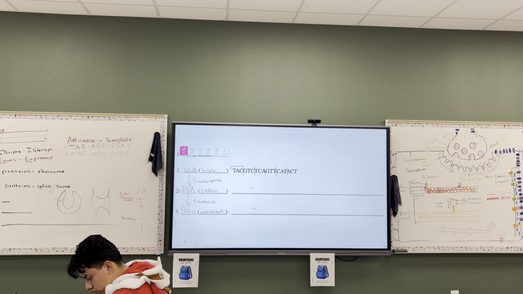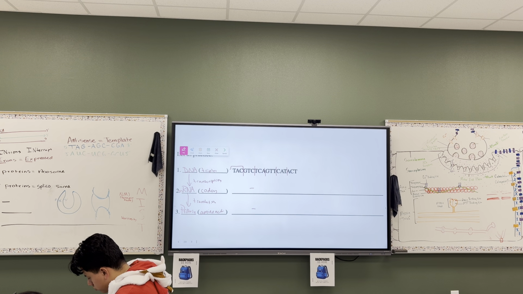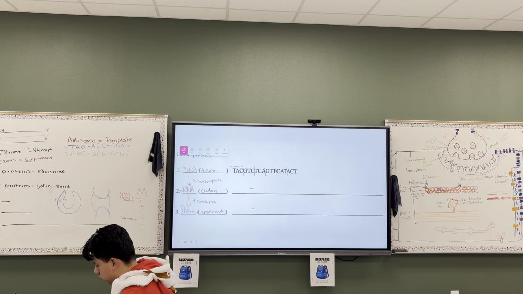Just like I said in the video, you can't use T because this is RNA, so you have to use A. I would still put A. And then A, U, G, which is what? Met. So you just write met right here. Do the little dash, and do the next one.